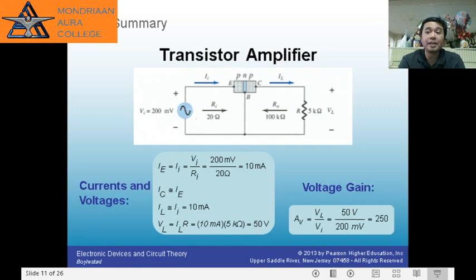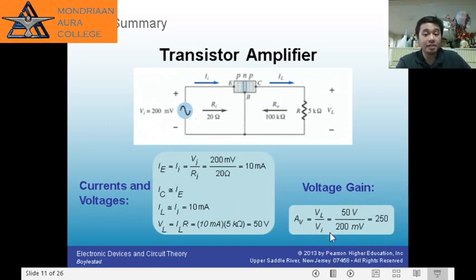Can we compute the gain? Alright. What do we call that gain when we talk about voltage? We call that voltage gain. The voltage gain is represented by A sub V. Remember, I told you, when it's gain, it's output over input. If it's voltage gain, output voltage over input voltage. What is our output voltage? V sub L, which is 50 volts. What is our input voltage?